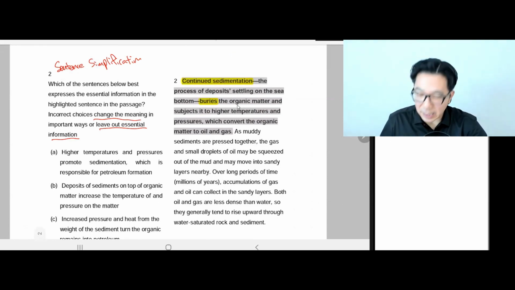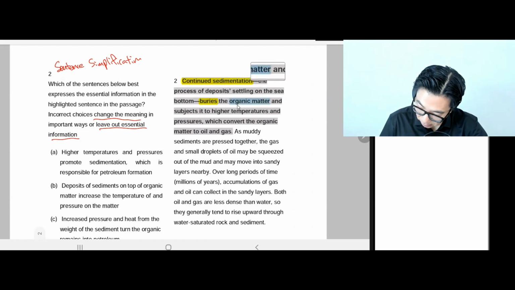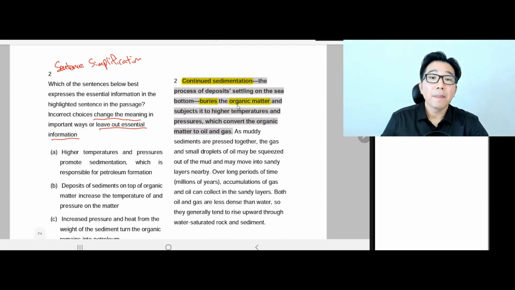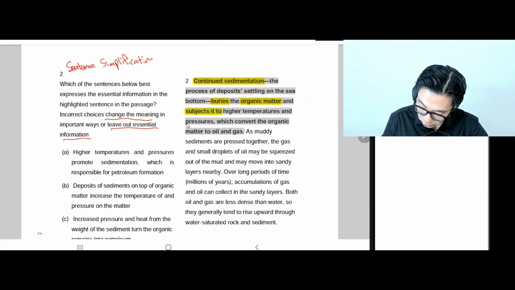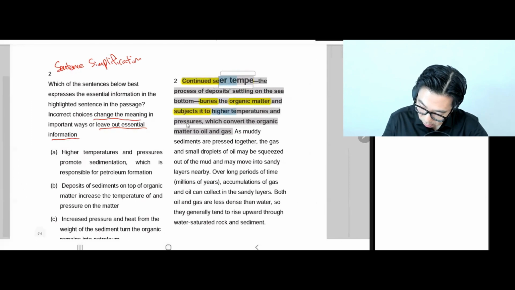It buries the organic matter, so it gets built up, and subjects it to higher temperature and pressures. So this is the first part.